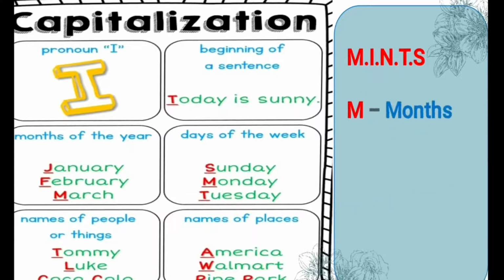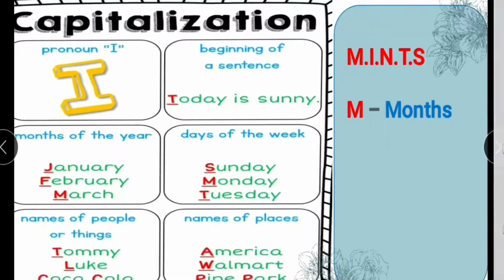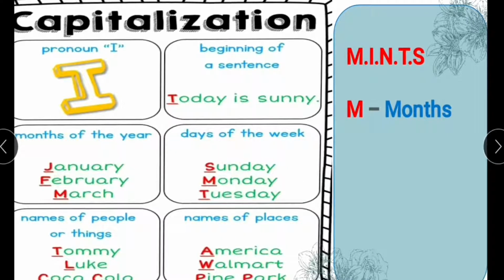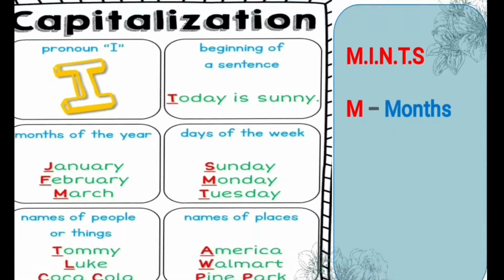So M refers to months: before the names of any months or weeks. You can see in this picture there are the week names as well, right? In case of days of the week names as well, both months and weeks, we use the capital letter.